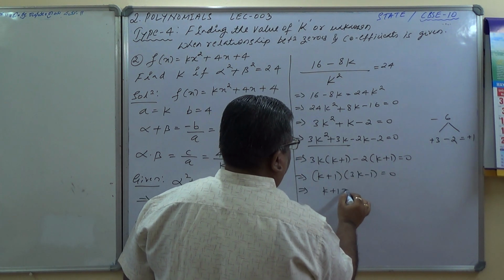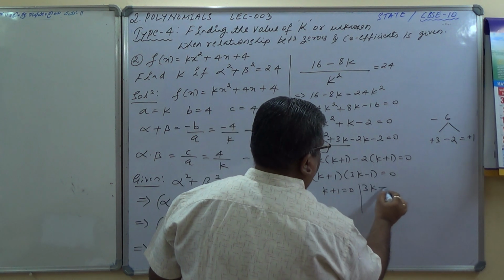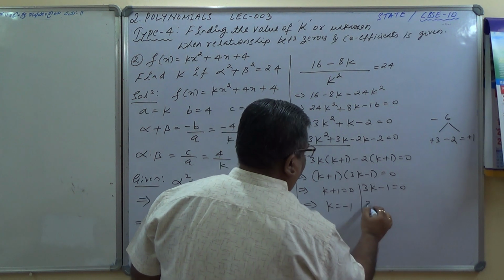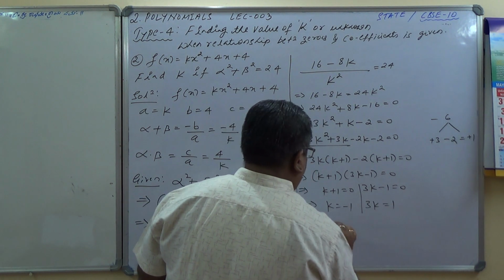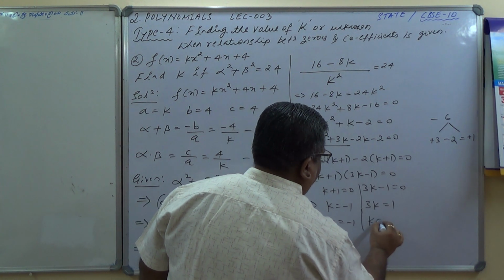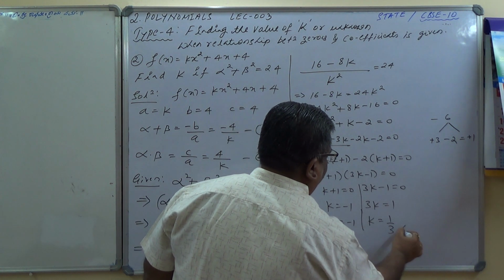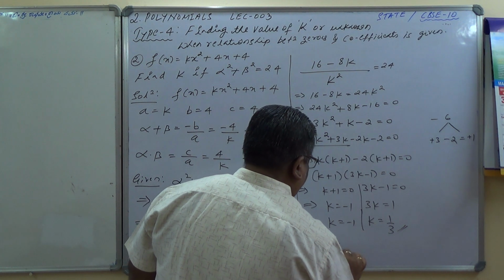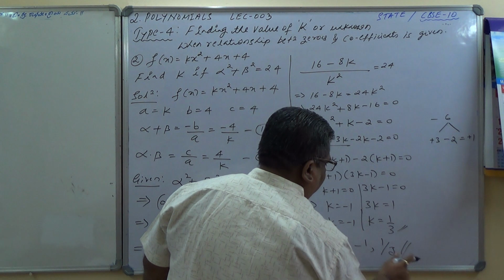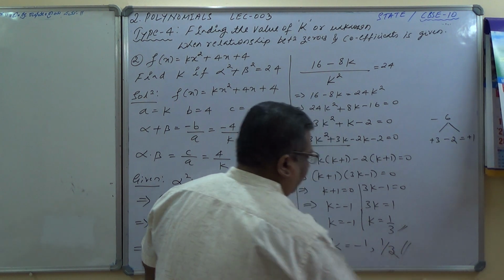So k plus 1 equals 0 and 3k minus 1 equals 0. So k equals minus 1 and 3k equals 1, so k equals minus 1 and k equals 1 by 3. Therefore the values of k are minus 1 comma 1 by 3 here.